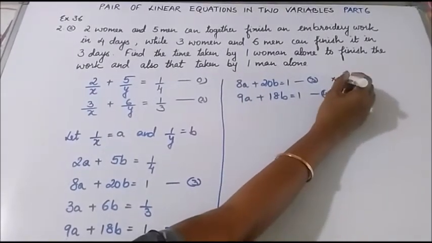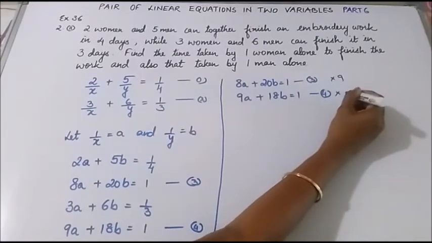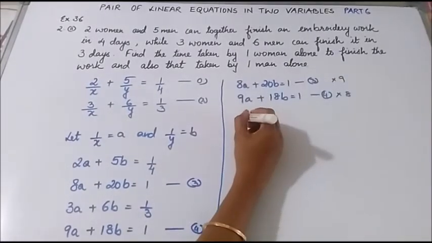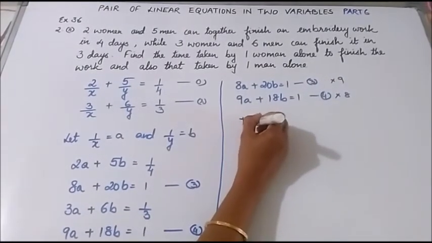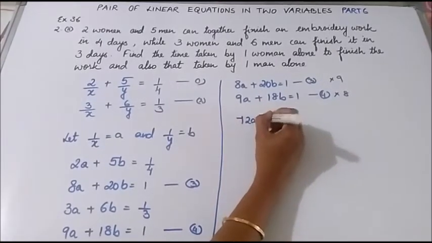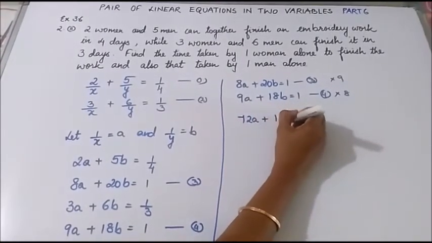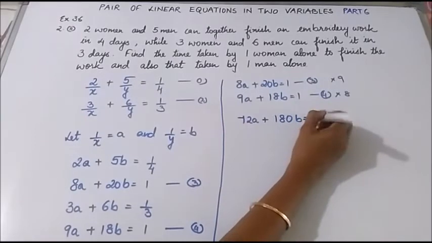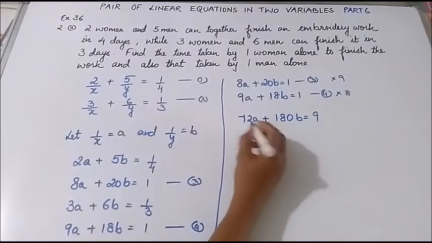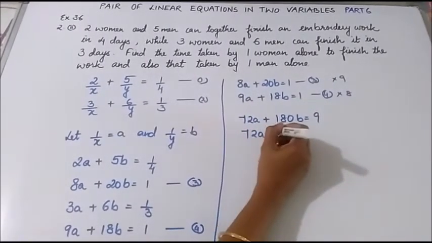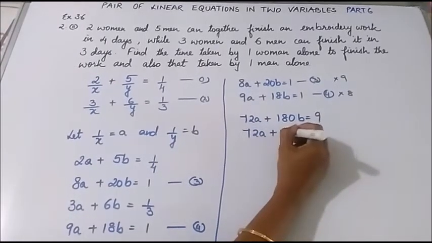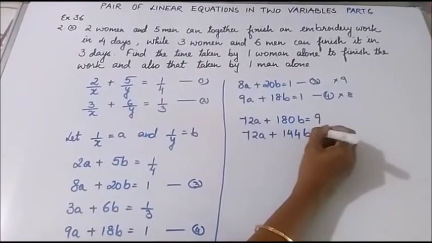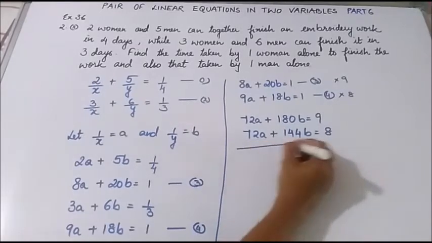So the third equation we multiply by 9 and the fourth equation we multiply by 8. Now what do we get? We get 72A plus 180B is equal to 9. The next equation becomes 72A plus 144B is equal to 8. Now we subtract both the equations.